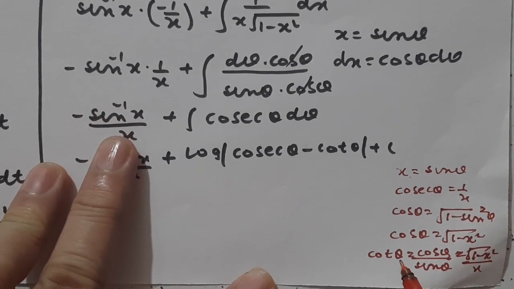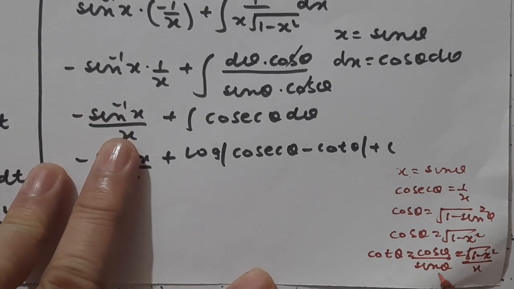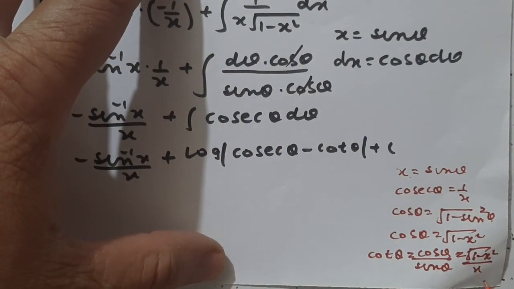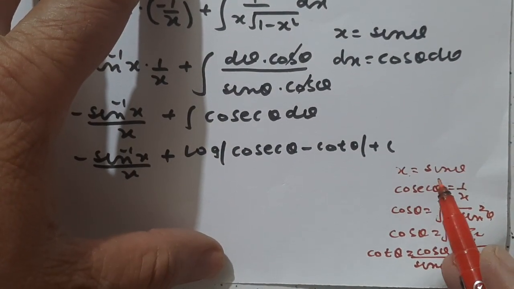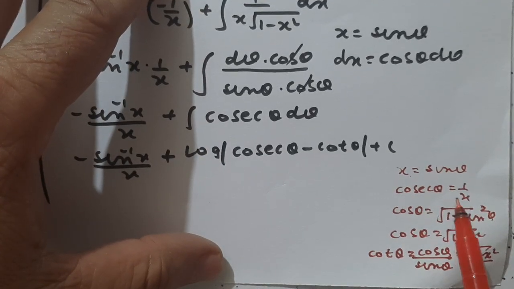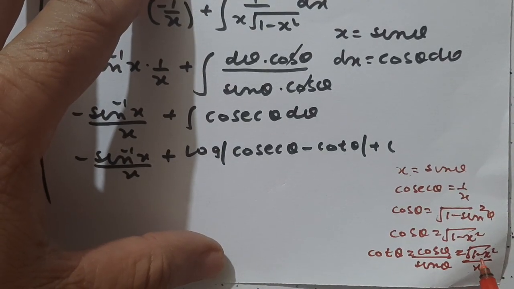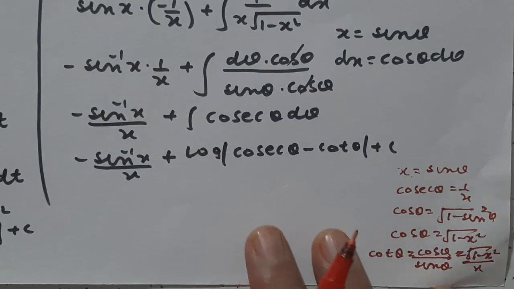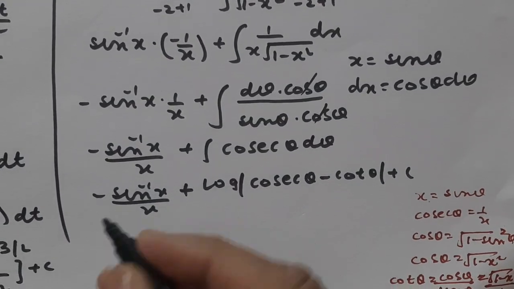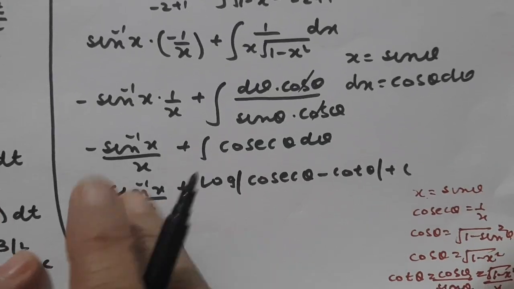Now I want to find the value of cot theta. So cot is cos by sine. Now the value of cos is under root 1 minus x square and the value of sin theta is x. So the value of cosecant is 1 by x and the value of cot is under root 1 minus x square upon x. Now students, I put in these values over here, so we get the answer.